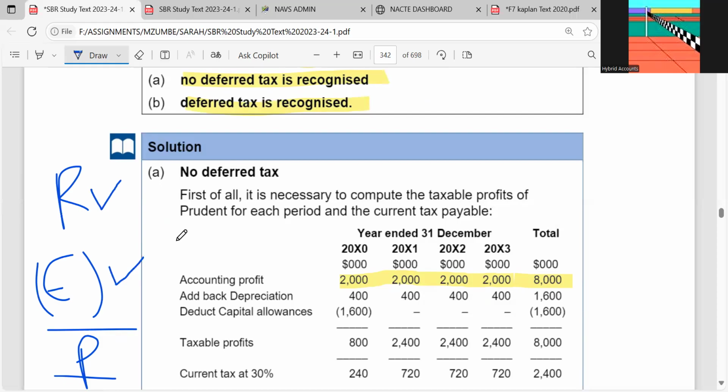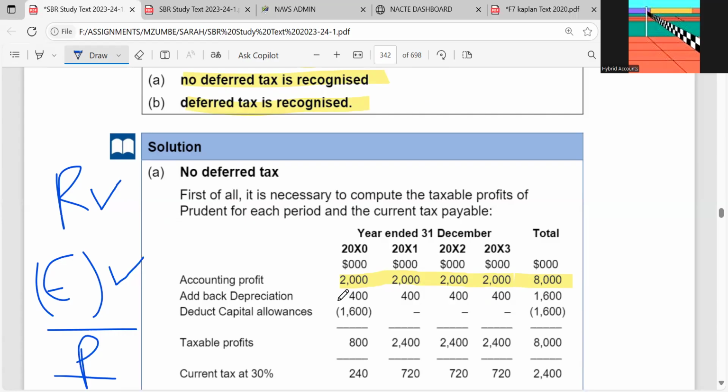And this is what we're going to do now. When computing the taxable profit, the profit for tax purpose, not for accounting purpose, we should always remove the disallowable expenses. And that's why here we speak that the main difference is due to this asset which has depreciation, so we have to eliminate the accounting depreciation right now, right?